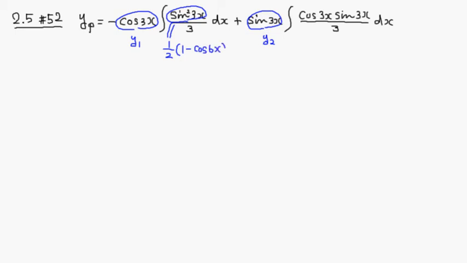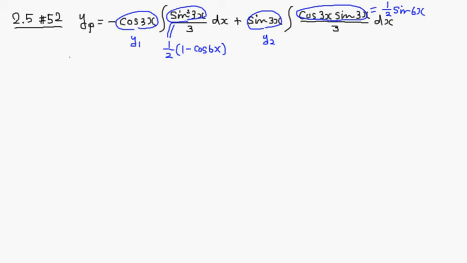That was one of the trig identities. Then we can also rewrite these two guys right here as 1/2 sine of 6x.